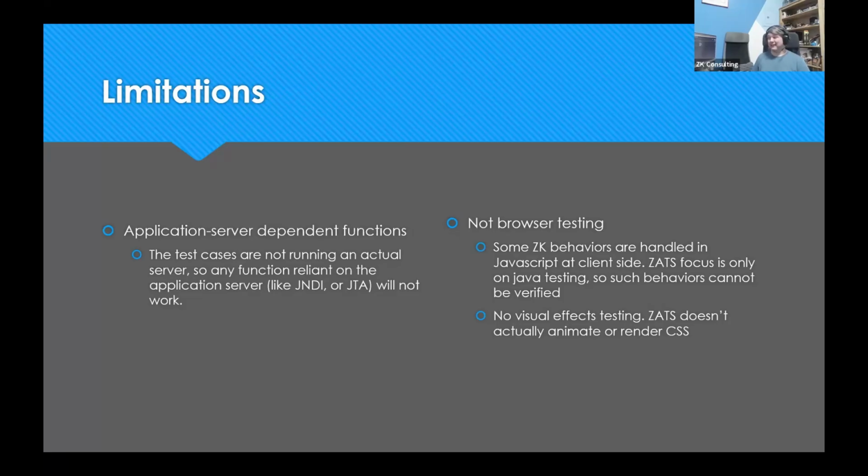Essentially, ZATS is not going to be able to help you on that, because the entire point is to not have that entire servlet container behind you, to streamline it and to get things faster. If you want to try and get some browser-side testing, because you want to check animation speed, because you want to check the look and feel of the page, maybe take some screenshots and send your screenshots at the end of your test cycle, you're not going to be able to do that with ZATS either. That's also out of scope. We're getting rid of the browser very much on purpose here.